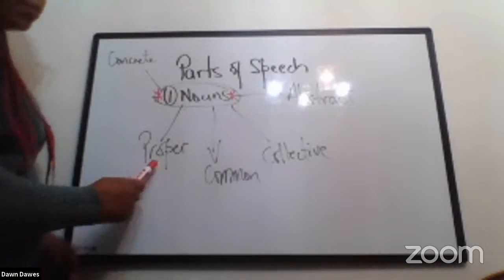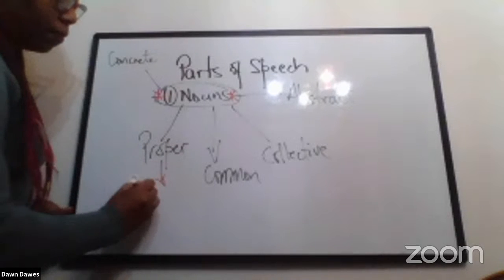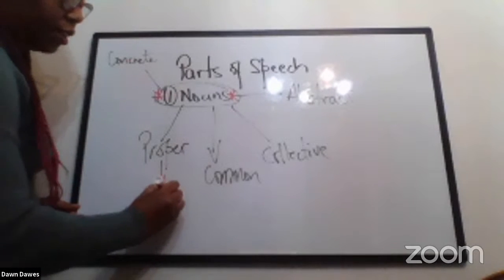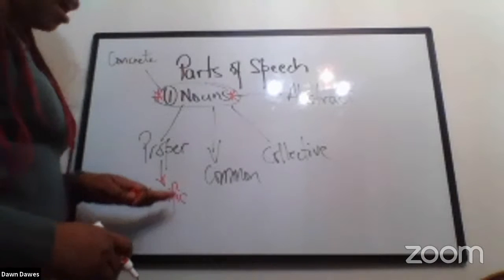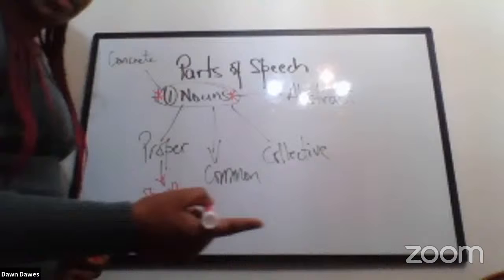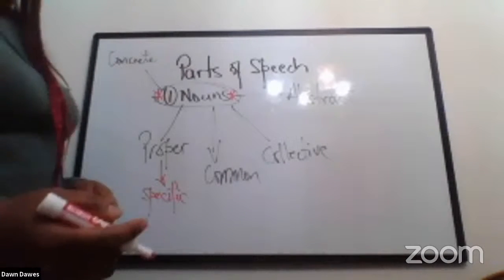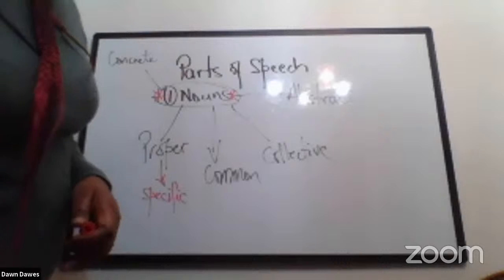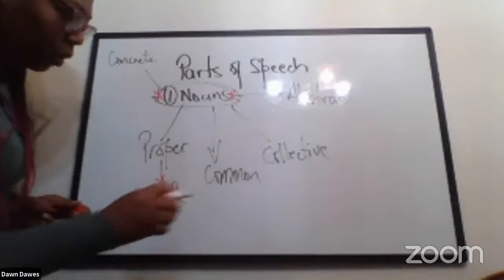Proper nouns, and we say that proper nouns are specific names given to people, animals, places, things, etc. So let's go a little further here. Let's think about specific names. Here we have a dog.